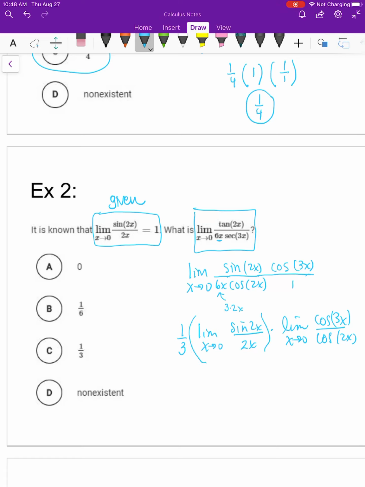So bring the 1/3 down. This limit we know is 1. And this limit, if I use substitution, I would get the cosine of 0, which is 1, over the cosine of 0, which is 1. So this all simplifies to 1/3.